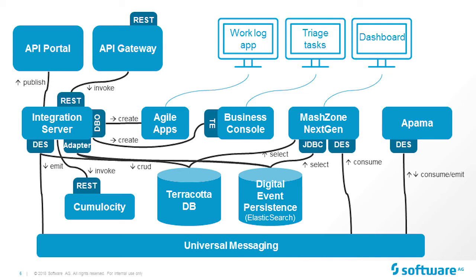We'll be publishing and subscribing to events using Universal Messaging and digital event services. We'll be doing streaming analytics using Apama. We'll be creating dashboards using Mashzone NextGen. And we'll create dynamic business applications using Agile Apps and Business Console. So a wide range of the capabilities will come in the next chapters.